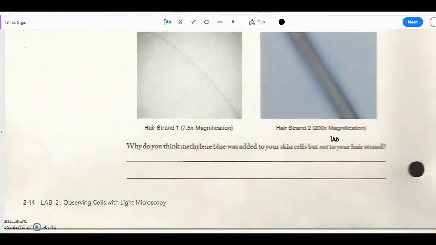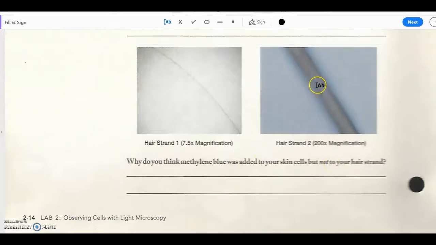Now, methodologically, if you go back to the method that was used to observe the skin cells, we added methylene blue to the skin cells, but not to the hair. What's the reason? If you look at the hair, it is dark. Dark and not transparent, so it can be very clearly seen under the light microscope.